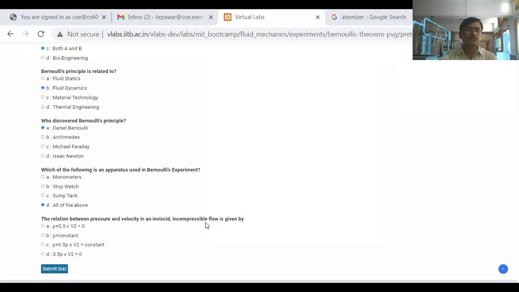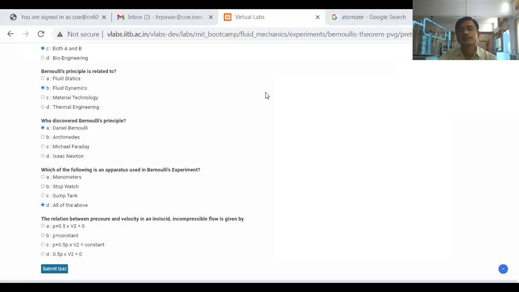Last question. The relation between pressure and velocity in an inviscid incompressible flow is given by the formula. If the datum head is 0, or the pipe is horizontal, in that case the datum head is not necessary to take.